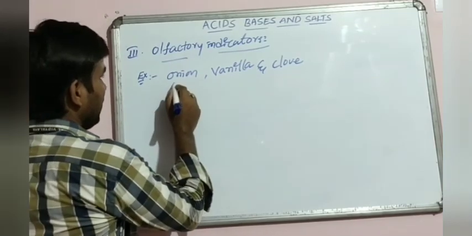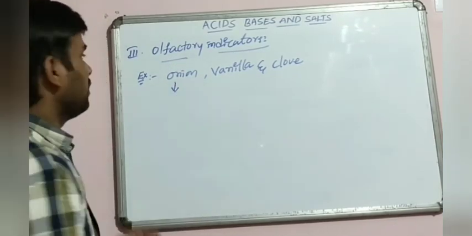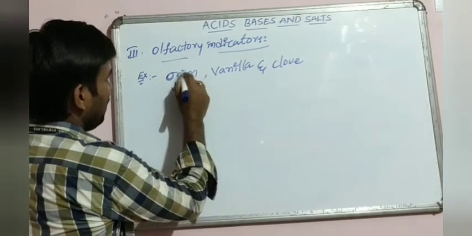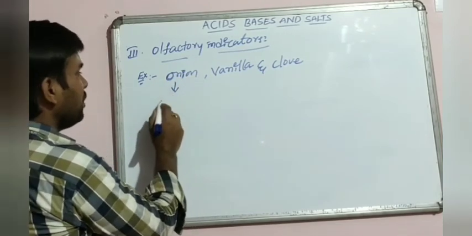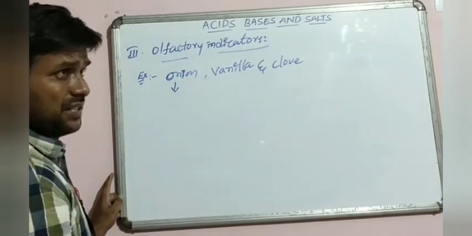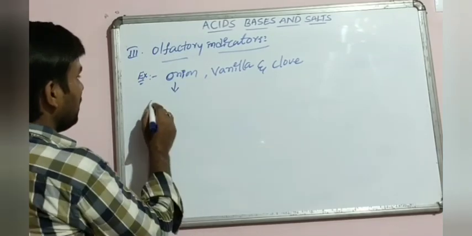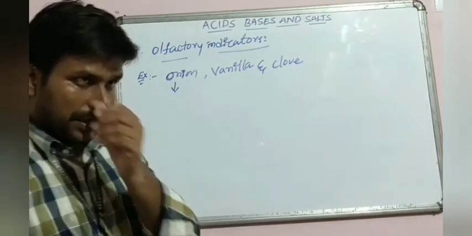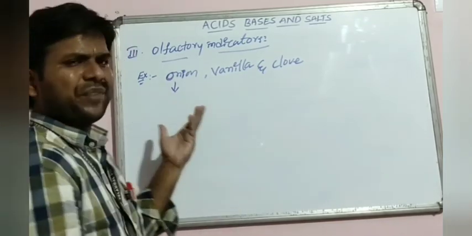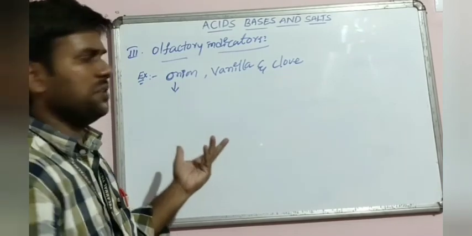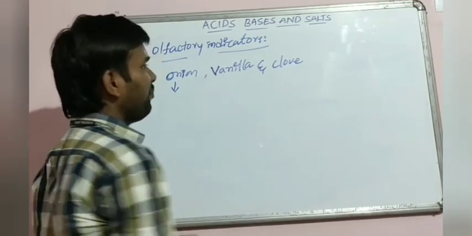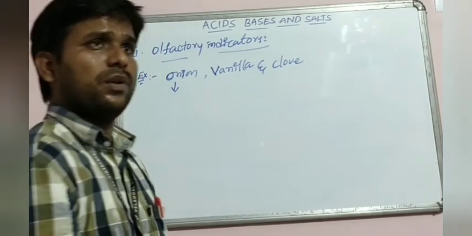Suppose we take onion. We already know the onion smell. In basic medium, the onion loses its smell, and in acidic medium there is no change in smell. The second one, vanilla, is also an indicator.